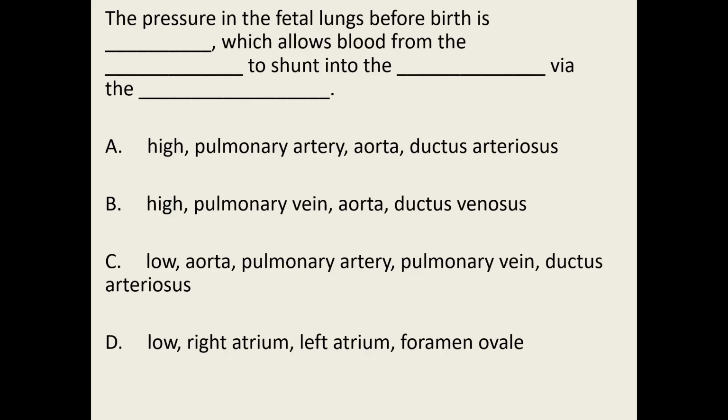The pressure in the fetal lungs before birth is blank, which allows blood from the blank to shunt to the blank via the blank. So, first of all, pressure in the fetal lungs before birth, high or low?